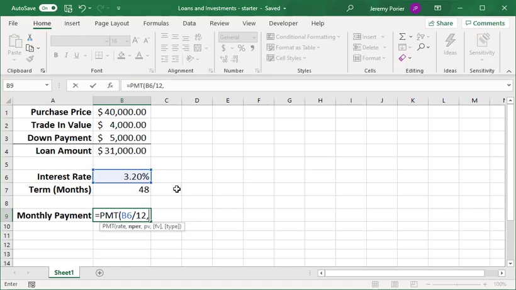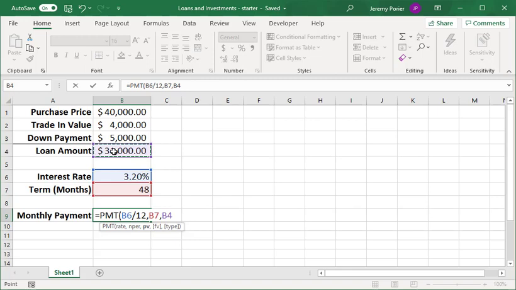All right, NPER, number of payment periods. We would like to make 48 payments. So we're going to select that cell. And then present value, how much do we hope to borrow at the beginning of the loan? And that would be that $31,000 up here in B4. Future value, we're going to assume 0. And the type is whether the loan payments are made at the beginning or the end of the payment period.